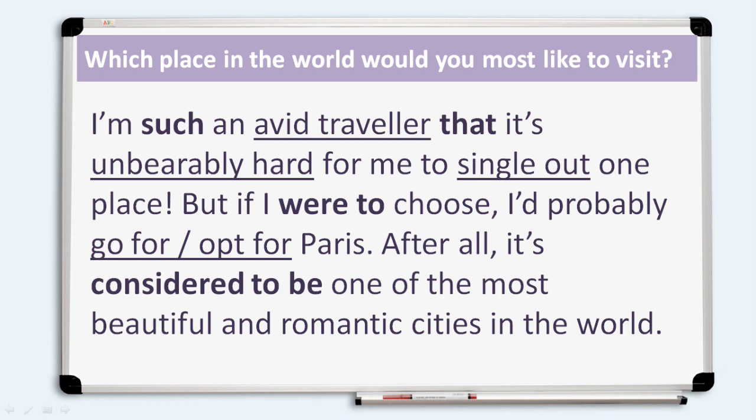There is some passive here too, considered to be. There are similar structures like known to be, supposed to be, believed to be, etc. And unbearably is an example of an intensifying adverb, like ridiculously cheap or bitterly disappointed. It's always a good idea to use those adverbs.